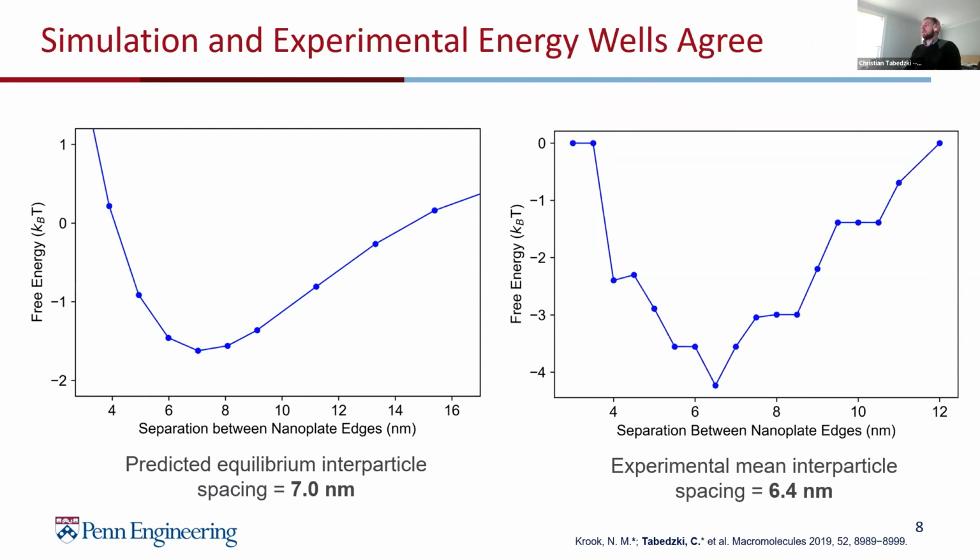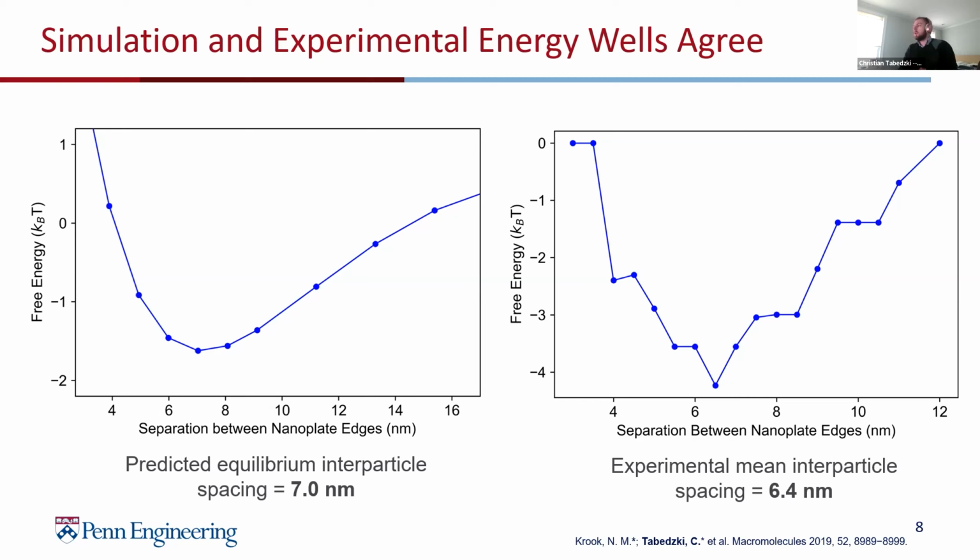And when we look at the statistics from the experimental data, we see something similar: the sharp rise for very close nanoparticle distances, and a gentle leveling out as the distance grows larger. We also note that the average distance between the experiments and the simulations agree quite well.